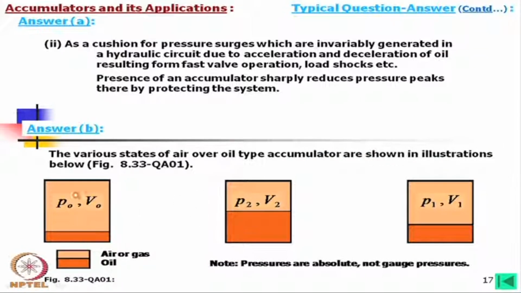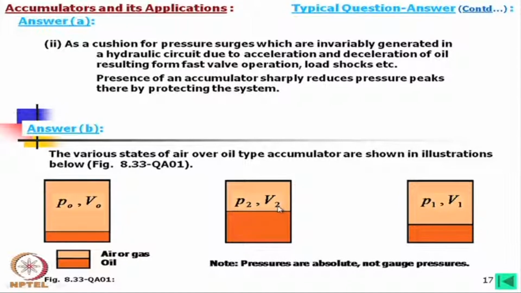So, first when we are charging this volume, it is about 90% of the total volume of the accumulator. That is shown. This is the pre-charge pressure, and then this is air and this is oil, and P2 V2 is the maximum pressure.